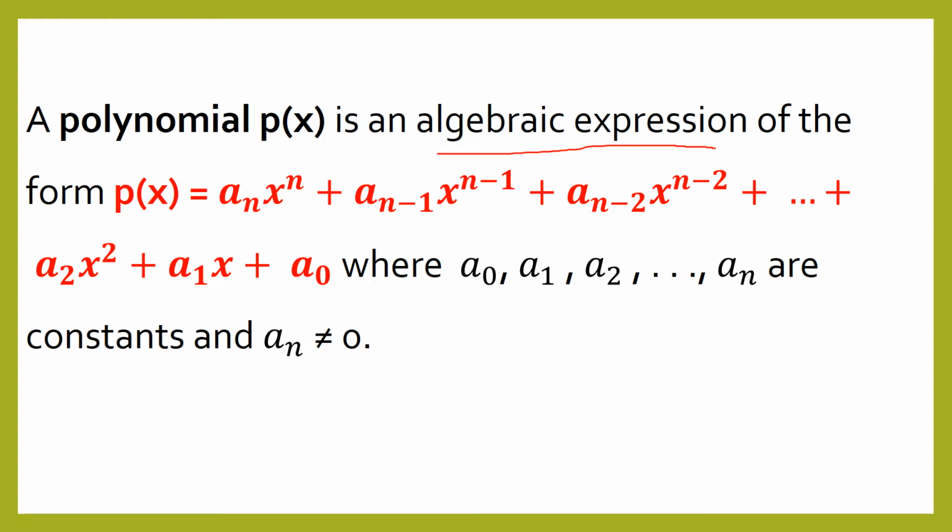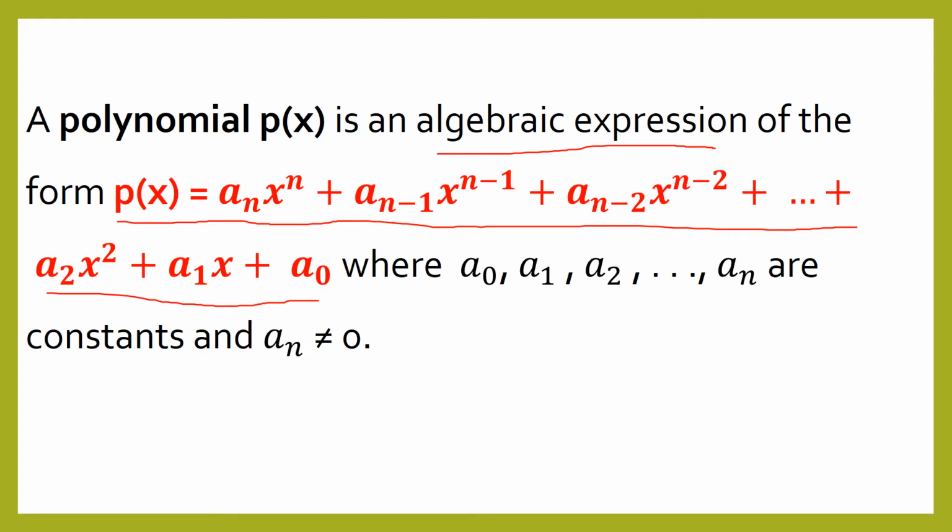A generalized form of polynomial would look like this, where each of these are called terms. If you look at these terms, you will find there is a constant part to it. That constant part is called coefficient, and x is a variable raised to some power that is called exponent.